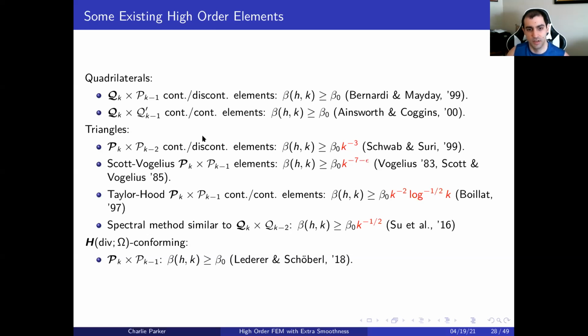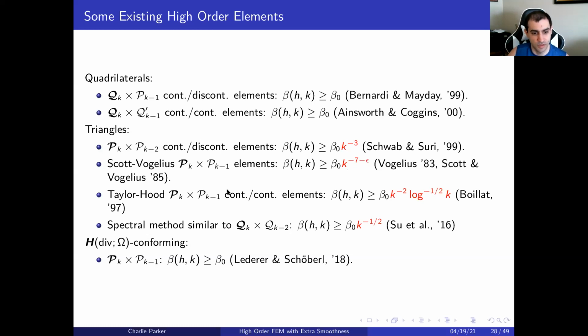So on triangles, there's P_k, P_{k-2}, which people use. The inf-sup condition is only proven to decay like k to the -3. There are the Scott-Vogelius elements, which I denote P_k, P_{k-1}, even though that's not exactly what they are. If you look at their proofs and follow all the dependence on the polynomial order, it's like k to the -7 epsilon.